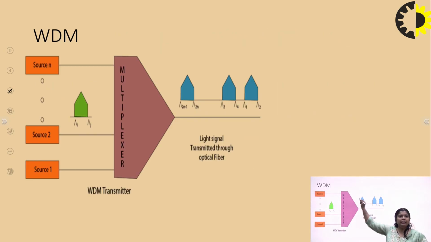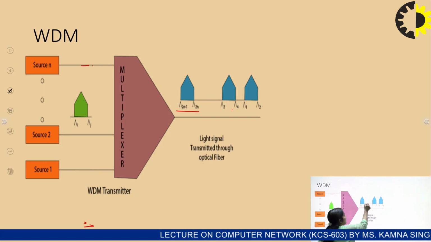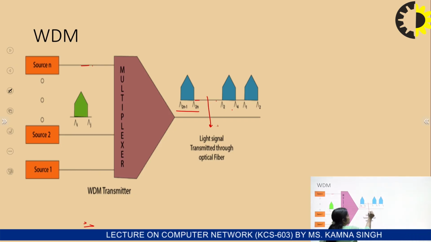Now, in the WDM technique, there are sources or stations, and different optical signals will be produced. By using the multiplexer, the same procedure is followed. Sources 1, 2, 3 and n will be transmitted simultaneously over the shared medium, and the space between lambda 1 and lambda 2 is called a guard band.